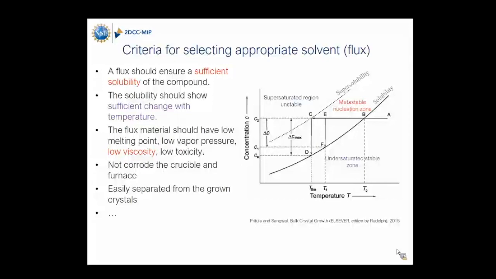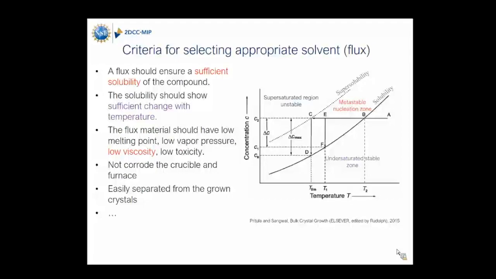As I just said, the growth speed is proportional to this difference of concentration. So a large slope of this curve is important, meaning it should have a strong temperature dependence.